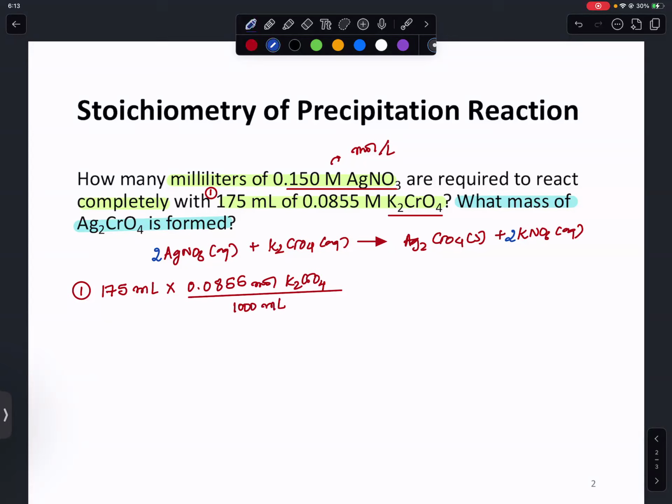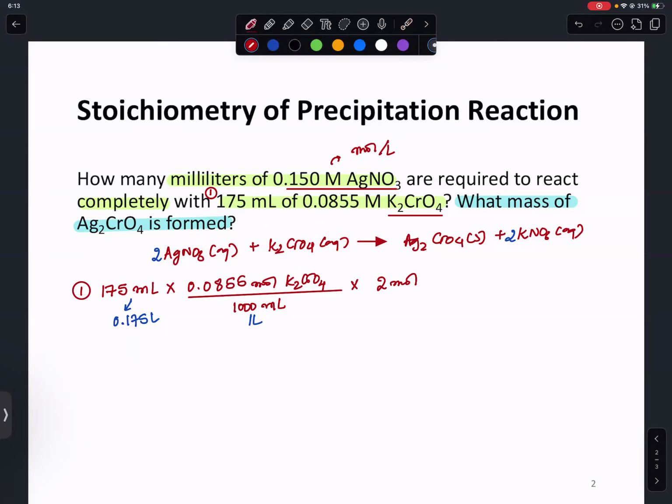It's completely fine to write this as 0.175 liters, and this can be 1 liter. Both are correct. Times 2 moles. Now we are using the stoichiometry, which is why I had to write the chemical equation. For every 2 moles of silver nitrate reacting, I have 1 mole of potassium chromate also reacting with it.